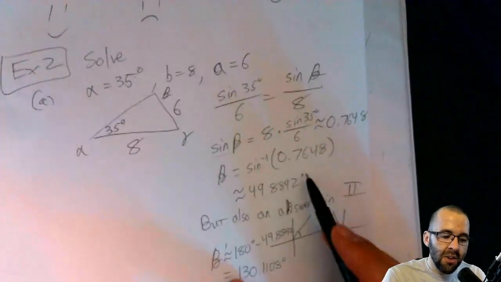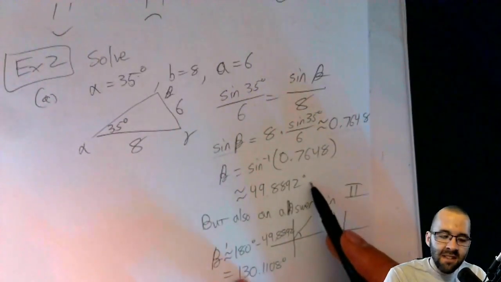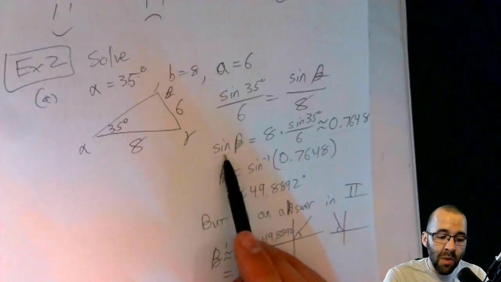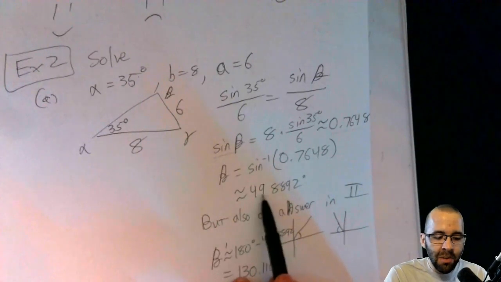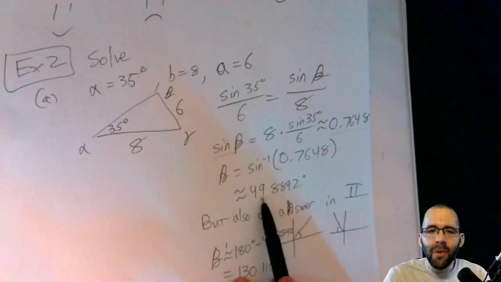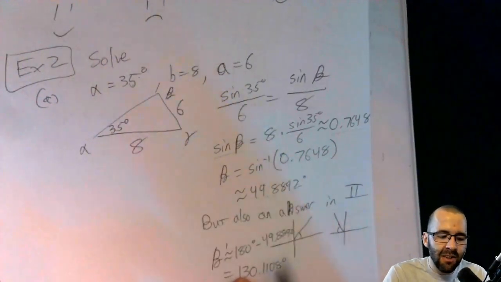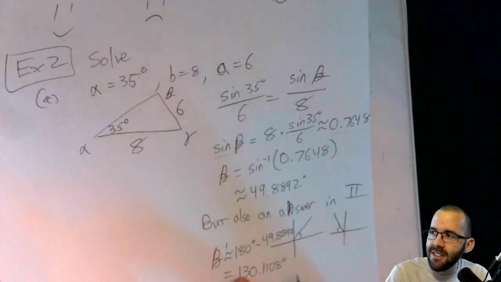So we take the two solutions that make sense in the context of triangles, because another solution to this equation would be this angle plus 360 degrees. But we're not going to have a 400-degree angle in a triangle. That doesn't make sense. So we usually only look at the first and second quadrants for the law of sines.